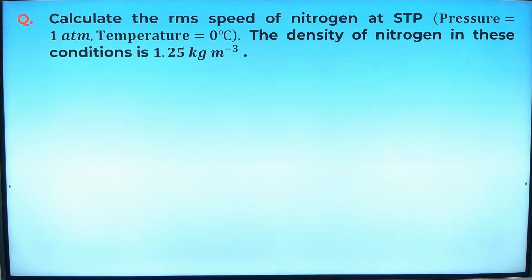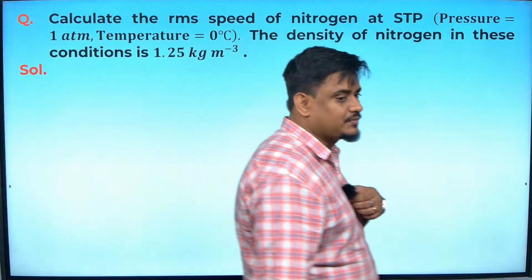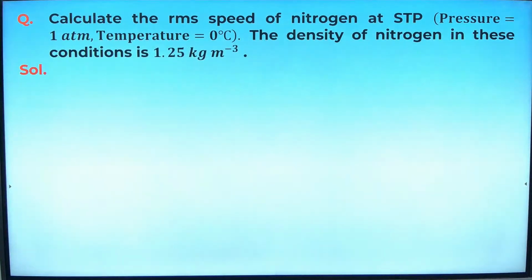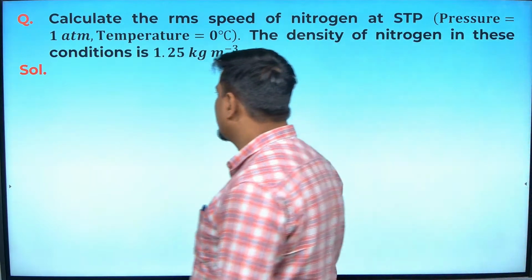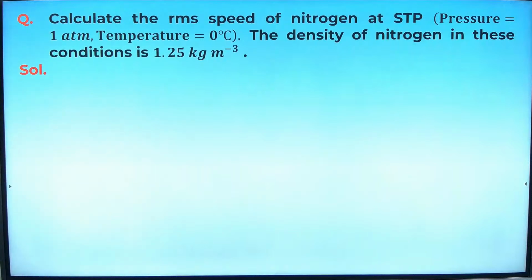Now take this question, a very basic question, but solve it. One question on nitrogen; I told the answer also just now. Anyhow, solve it. Everything is mentioned there. STP means standard temperature and pressure. 10 to the power 5 Pascal will be the pressure. Tell me the answer: RMS speed of nitrogen at STP. But they have taken temperature as 0 degrees Celsius. Why is density given?